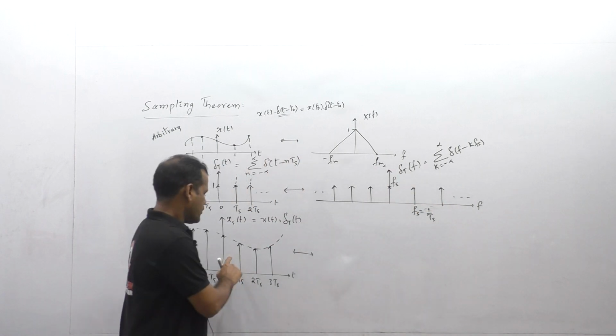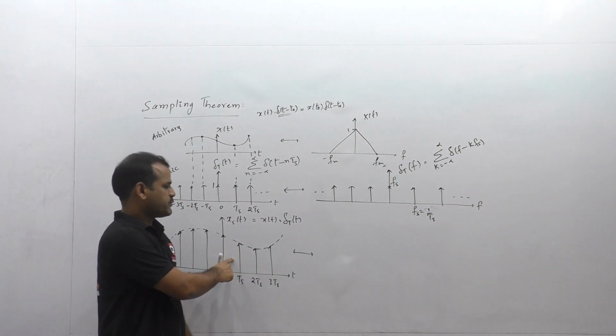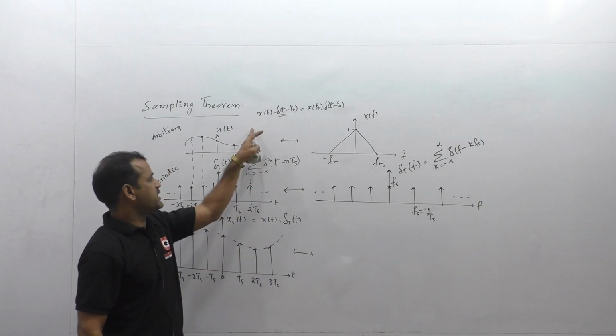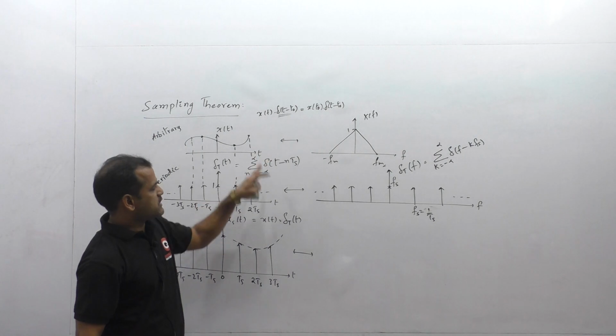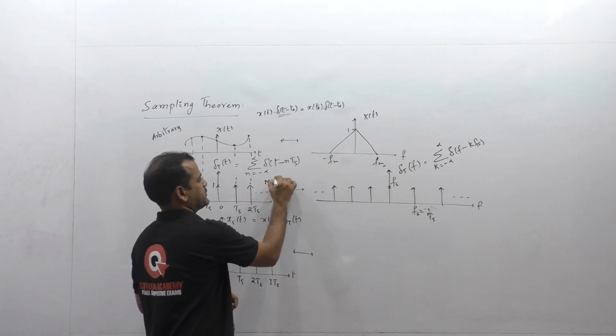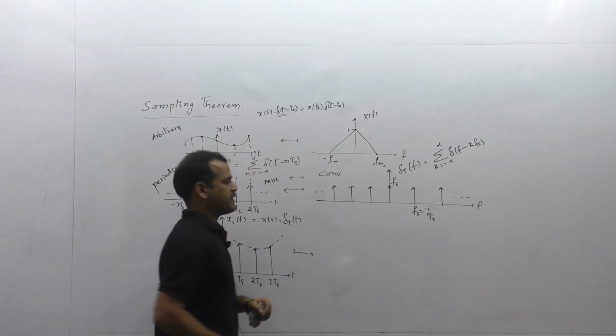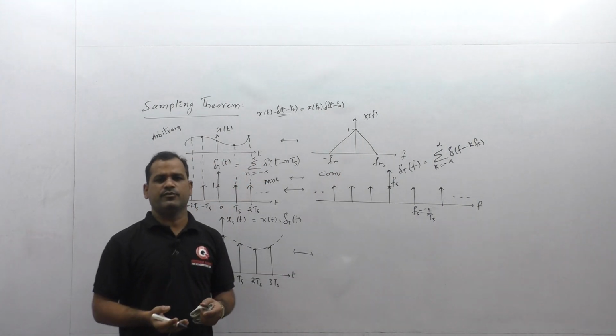Anyway, the Fourier transform of the sampled signal is nothing but the multiplication of these two signals in time domain. Once two signals are multiplied in time domain, the corresponding Fourier transform should have convolution in the frequency domain. That is from the properties of the Fourier transform.